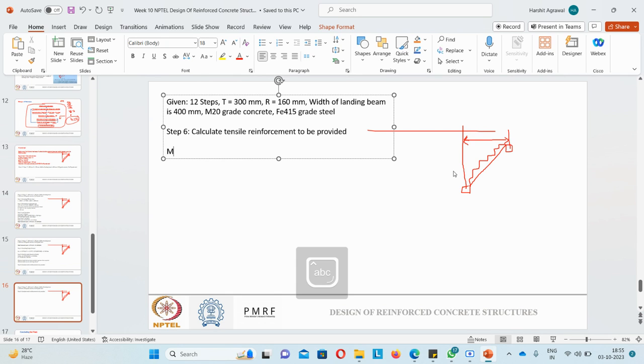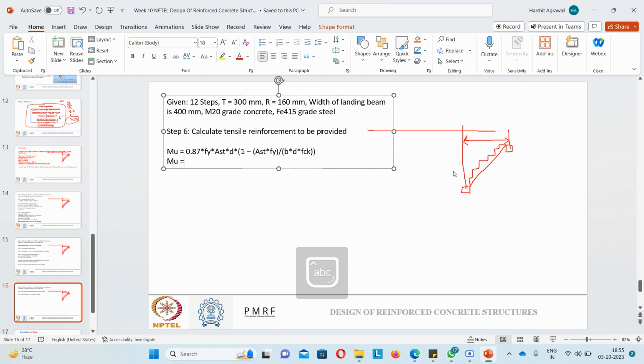Mu is nothing but 0.87 Fy Ast d times 1 minus Ast Fy upon b d fck. Using this relationship, we can calculate the Ast.